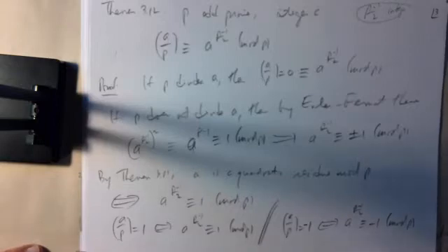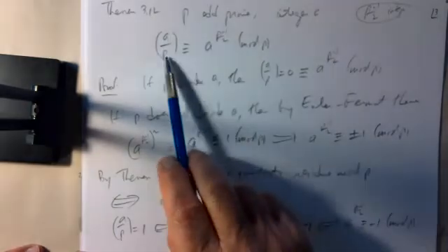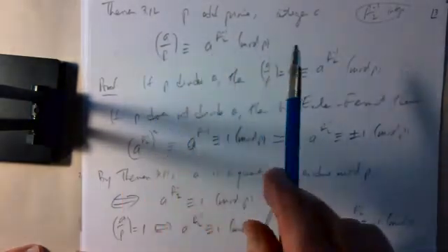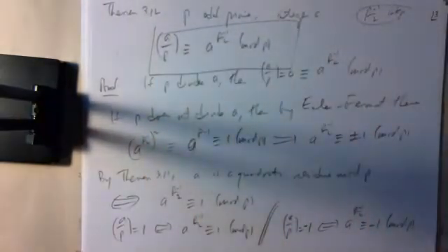So in both cases, a to the (p minus 1) over 2 is equal to the Legendre symbol a over p, right? If this is 1, this is 1. If this is -1, this is -1. So that proves our theorem.